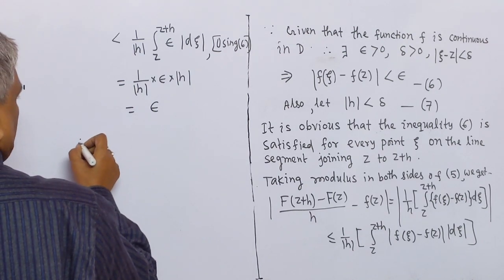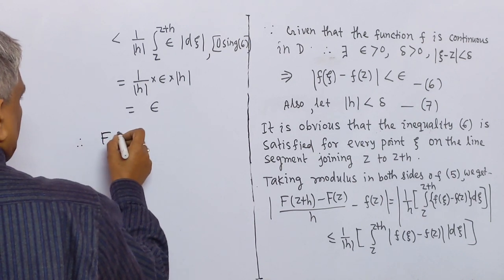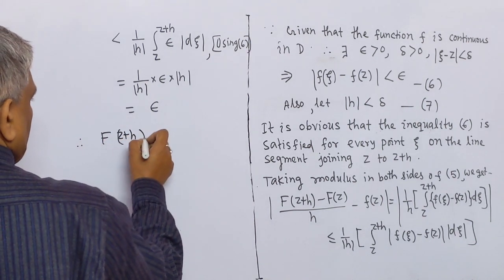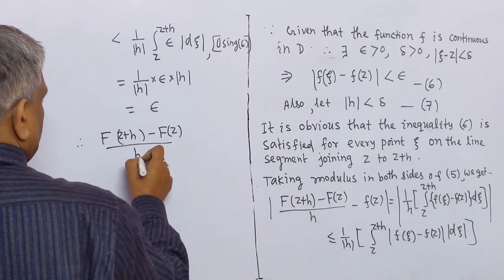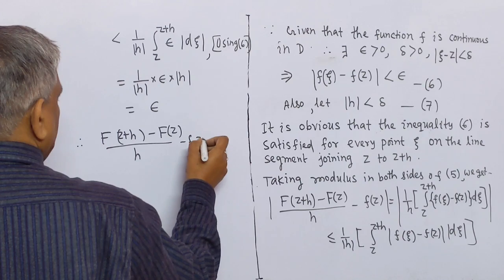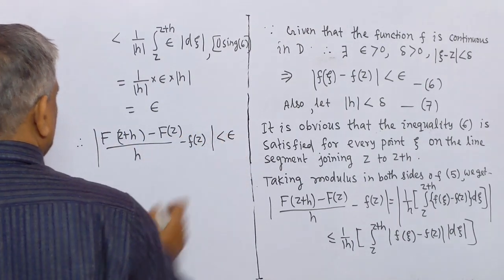Therefore, modulus of (F(z plus h) minus F(z)) by h minus f(z) is less than epsilon.